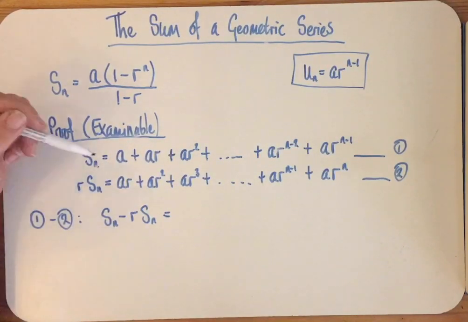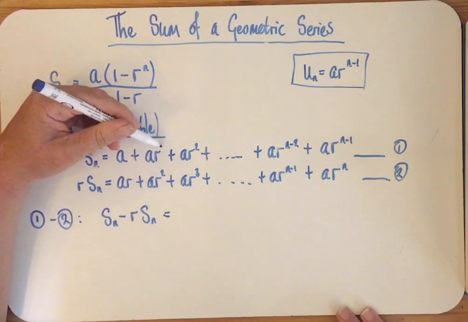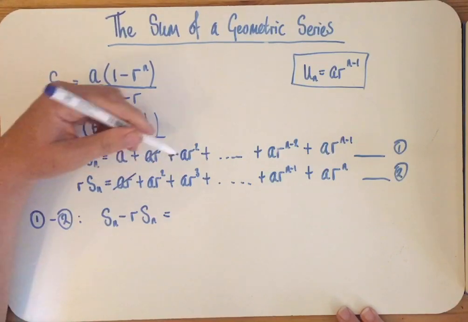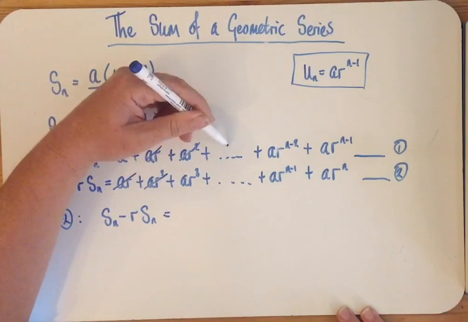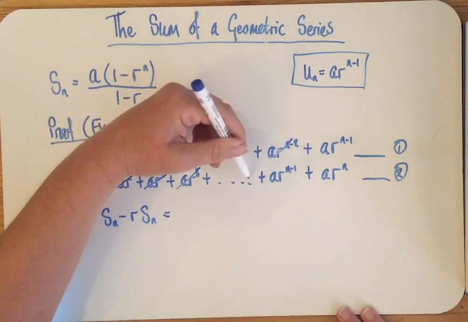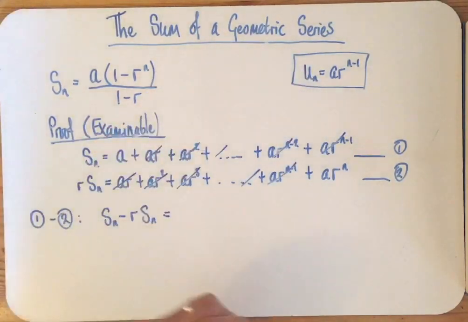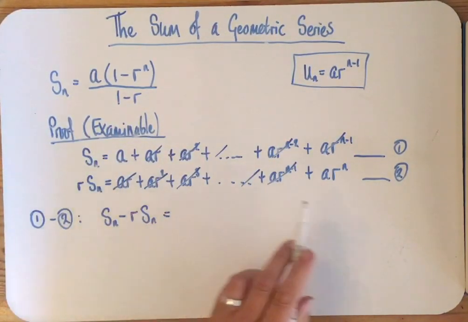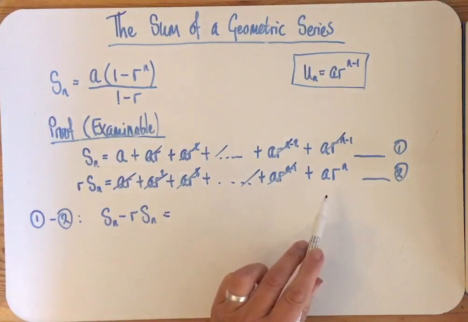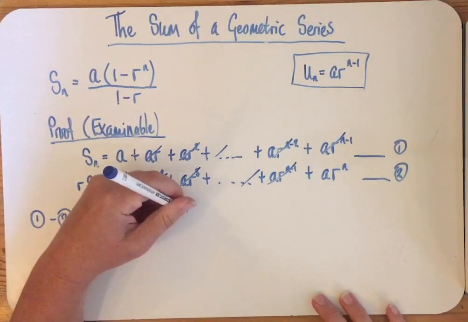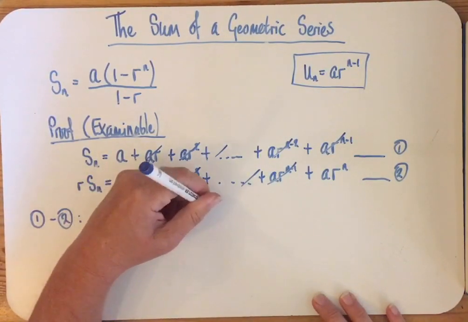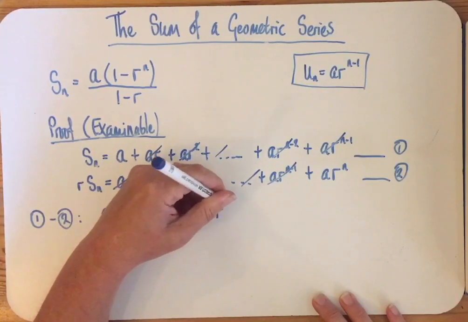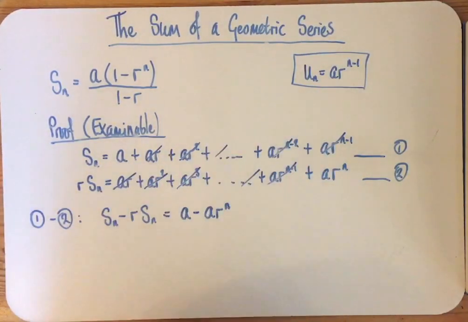The right-hand side, this one here is going to cancel with this one here, this one with this one, and so on. And it leaves you with just the first term here and the last term here. So a minus ar to the n. You could do 2 minus 1, you'll just end up with all your signs found the other way.